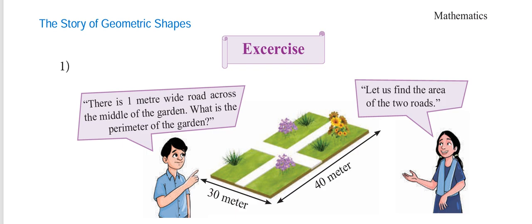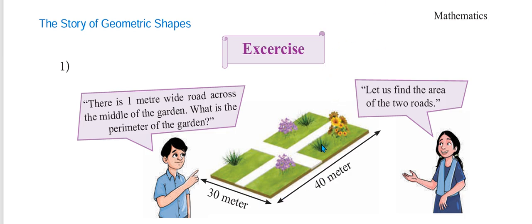So at first, let us determine the perimeter of the garden. We see in the picture the garden looks like a parallelogram. To determine the perimeter, a parallelogram has four sides.